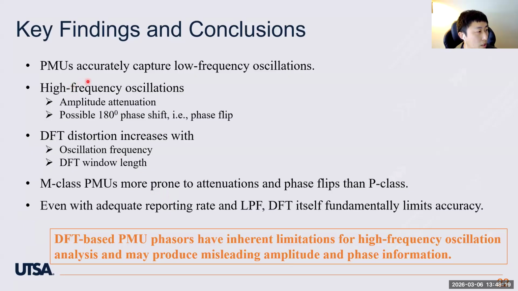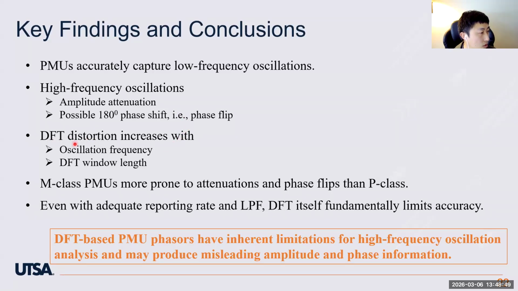PMU data are good for low frequency oscillations, but not good for high frequency ones. The DFT algorithm can introduce significant amplitude attenuation and possible phase flips. Even though we resolved the two well-known issues, we still have this problem coming from the DFT algorithm.